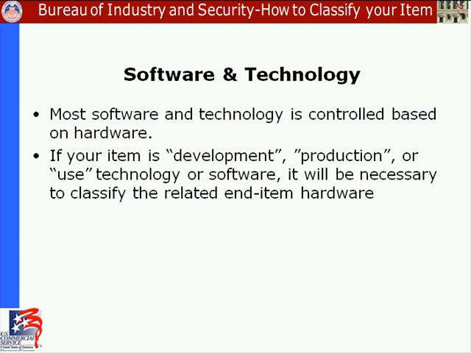But most technology is controlled because their related commodities are controlled. So the development, production, or use technology required for the development, production, or use of controlled hardware or a controlled commodity is also controlled. Most technology and software are controlled in that way. A few are described explicitly in certain ECCNs.